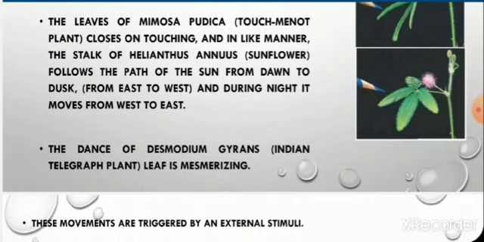And there is the next plant, we call it Helianthus annuus. What is that? Sunflower. Listen. In this Helianthus annuus, what will happen here?